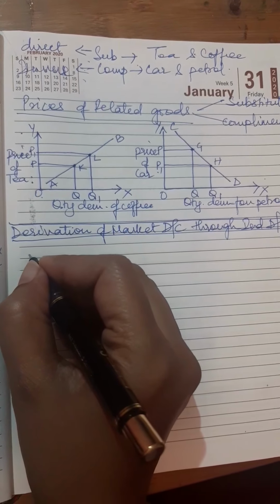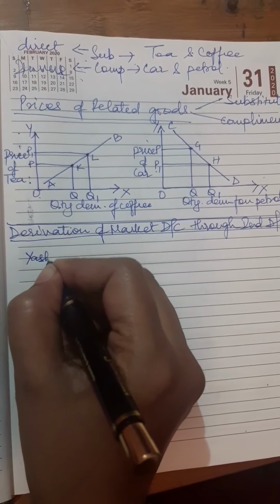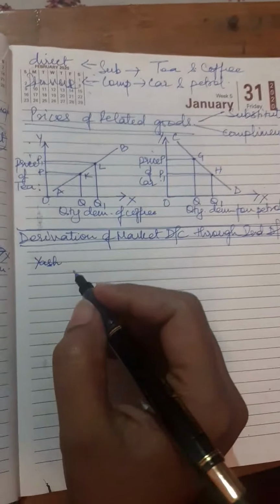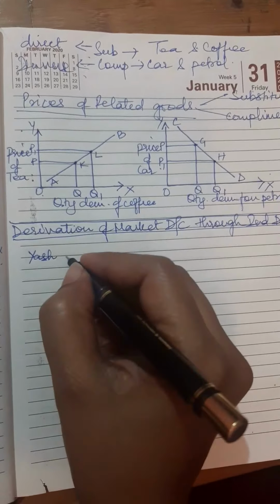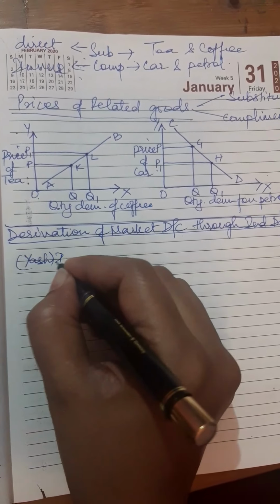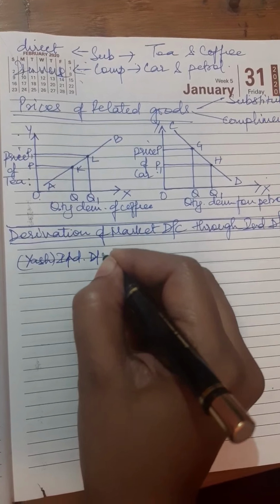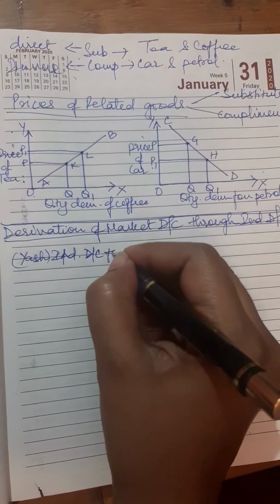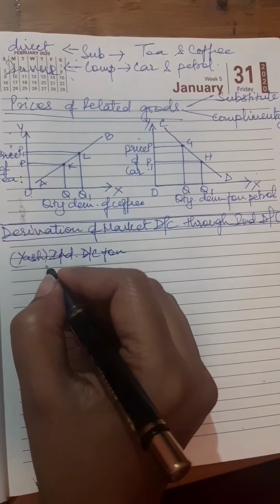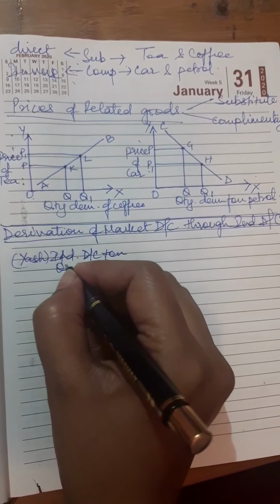The name of one consumer is Yash. So Yash, and I'm showing here the individual demand curve of Yash for the commodity oranges.